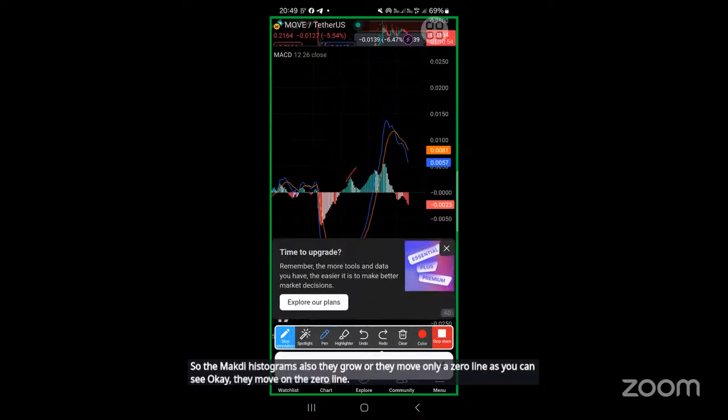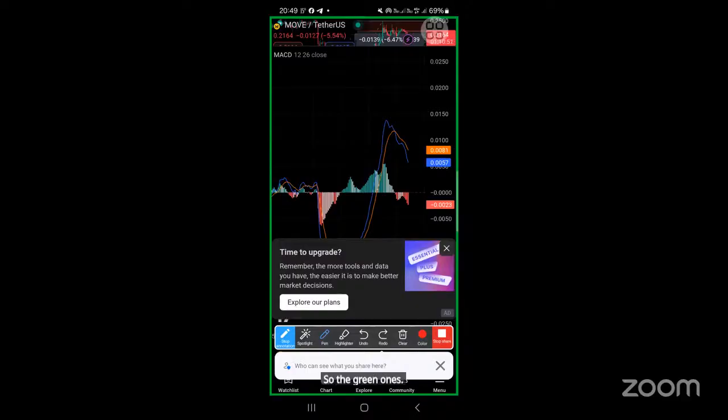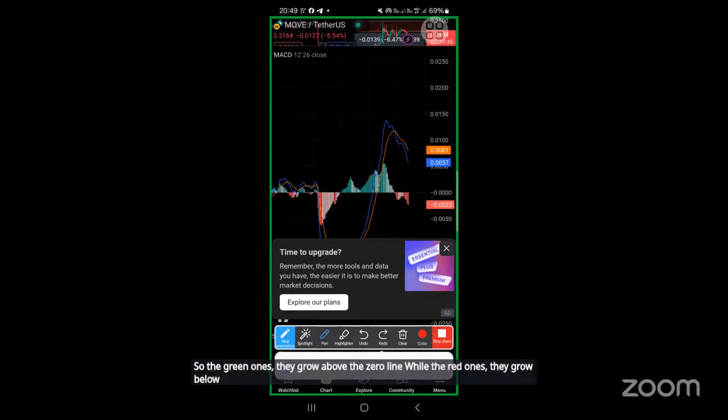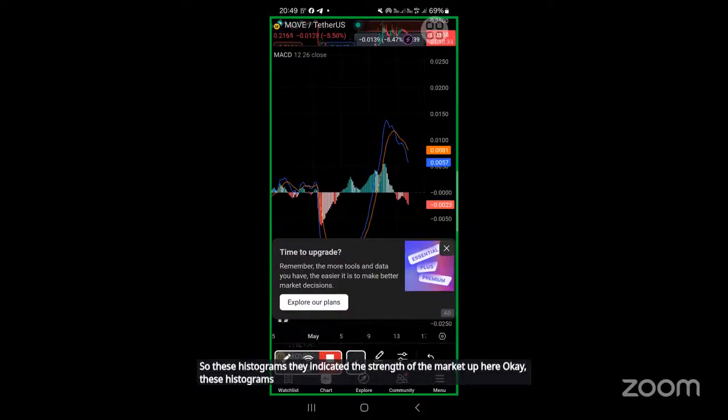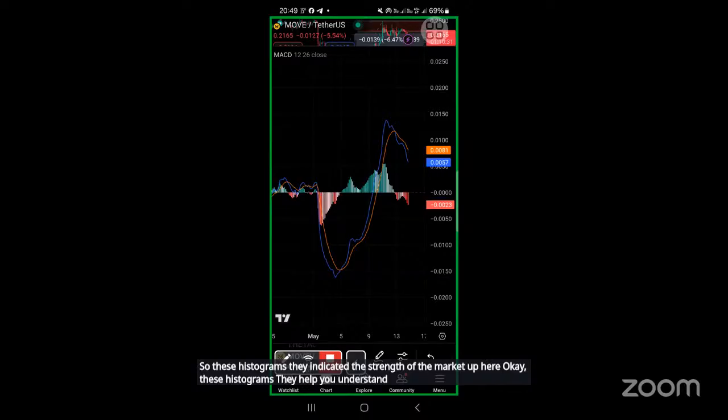The green ones grow above the zero line, while the red ones grow below the zero line. These histograms indicate the strength of the market. They help you understand how much pressure is in the market.